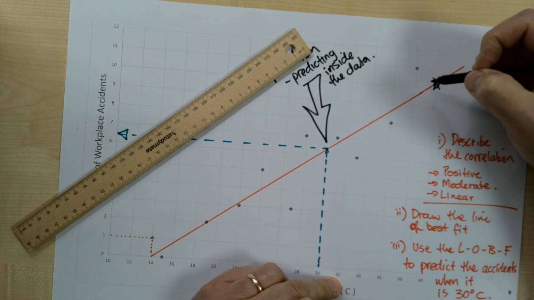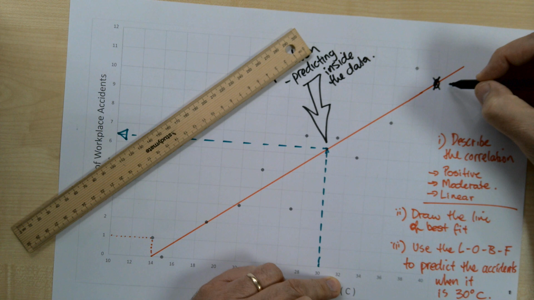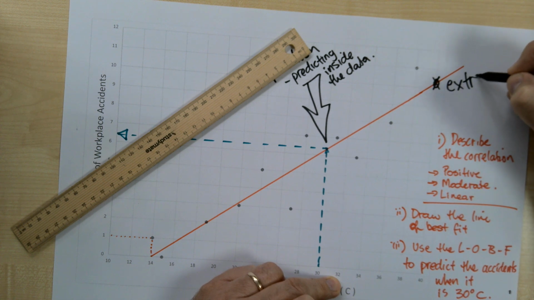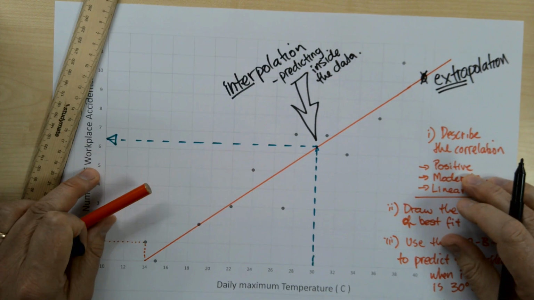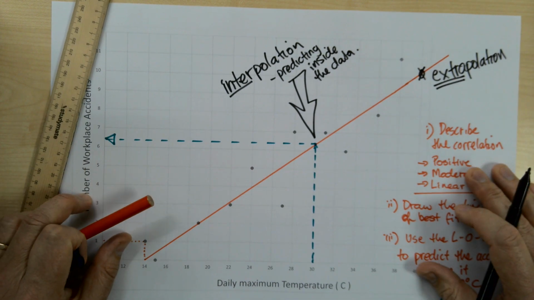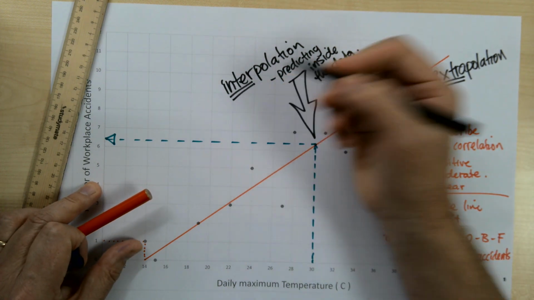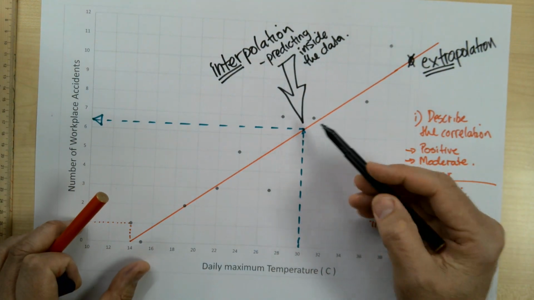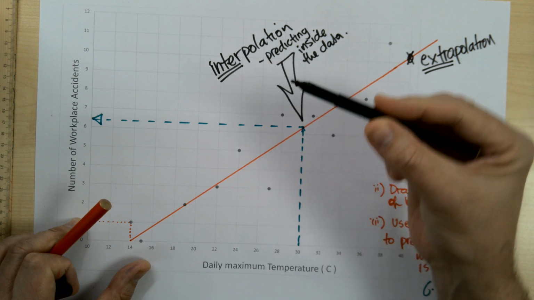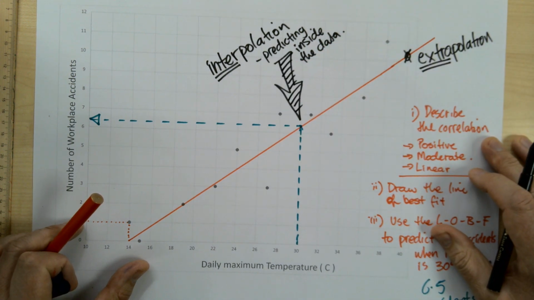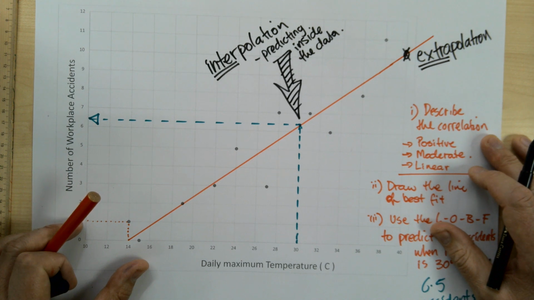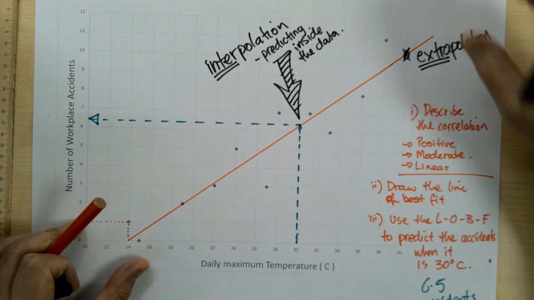That one there is outside the data, so that would be extrapolation. Extra meaning outside of. So that's just to increase your vocab a bit, but what we're doing here is interpolation, and that is considered complex in the syllabus. All right, off you go.